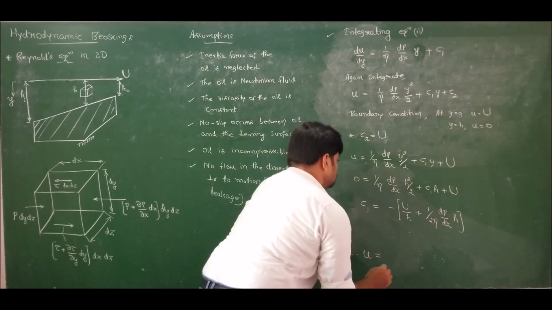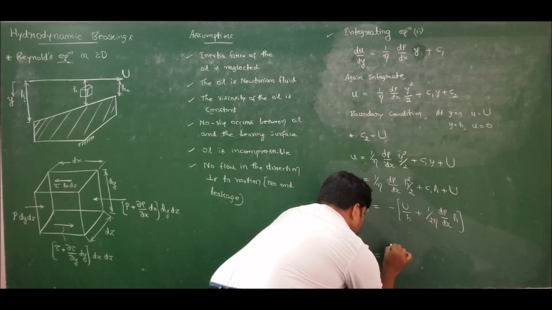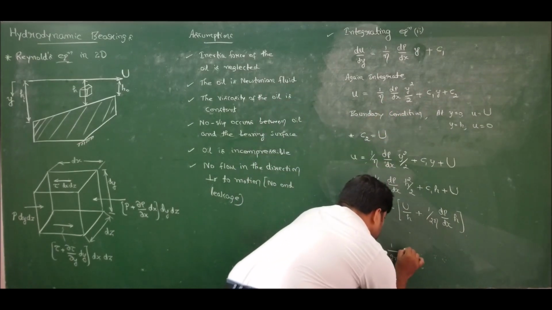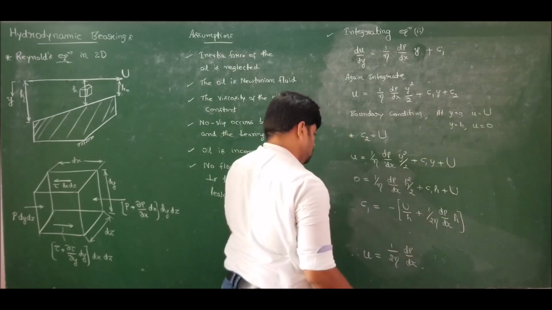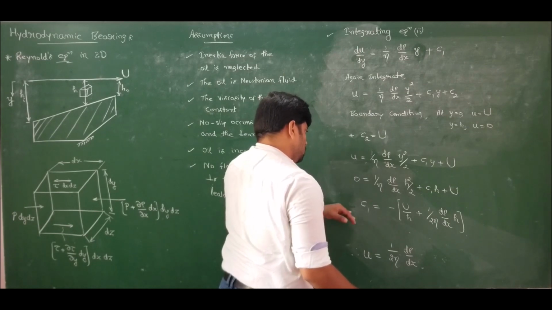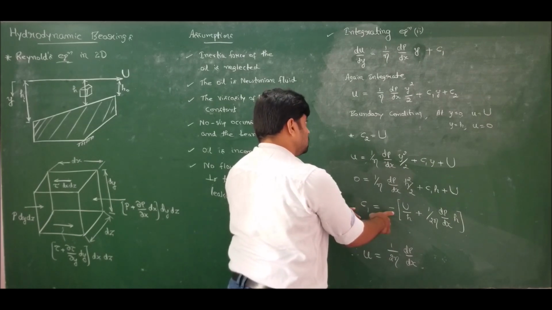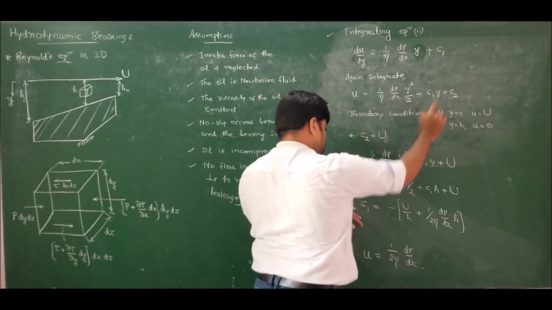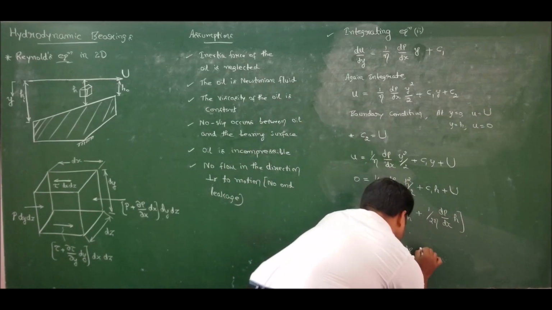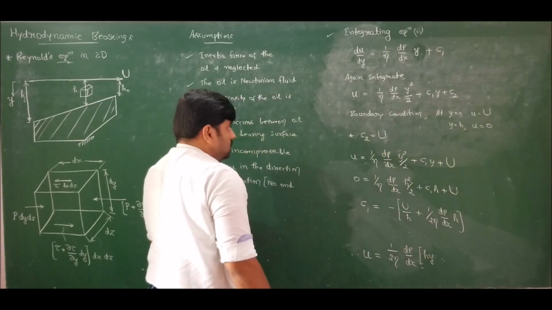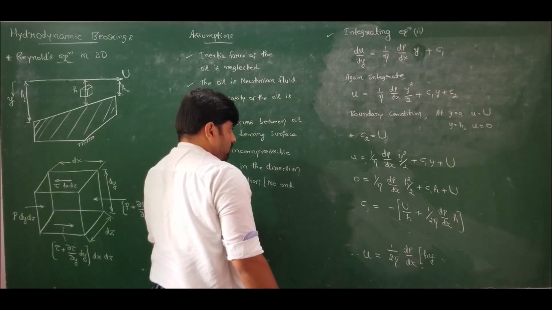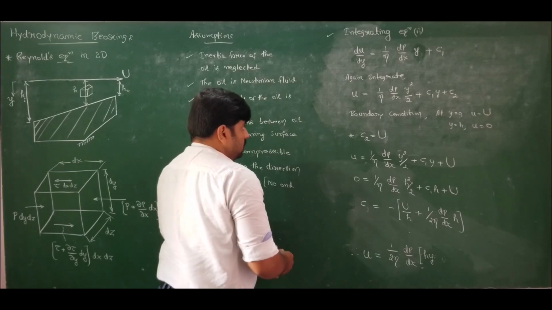Velocity u is equal to 1 by 2 eta dp by dx, C1 will be y square minus h into y, because we have y term here, so it will become hy, right? Y square minus hy.